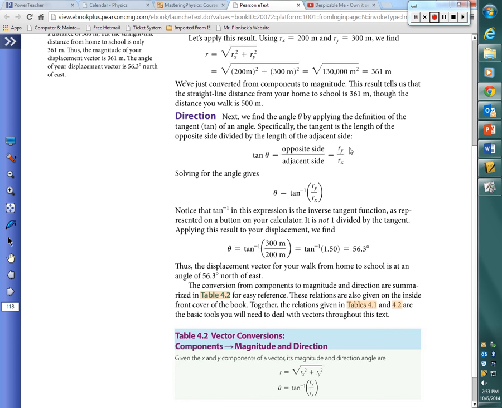Here's our definition of tangent, opposite over adjacent. But the one thing we have to take care of here is we're not looking for tangent theta, we're just looking for theta. So we have to take the inverse function in order to get theta by itself, to get what the actual angle is. Here you can see that they plugged in opposite 300, adjacent 200 in relation to that picture, but then they have to take the inverse of that to get the answer.